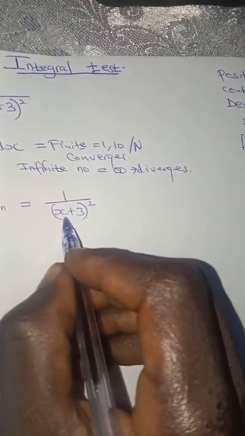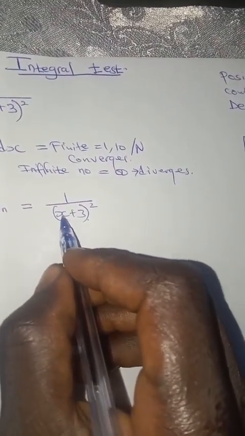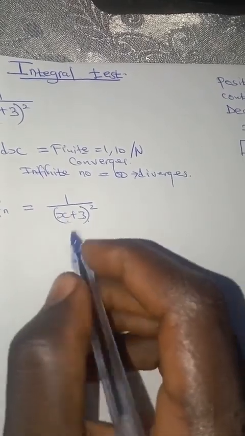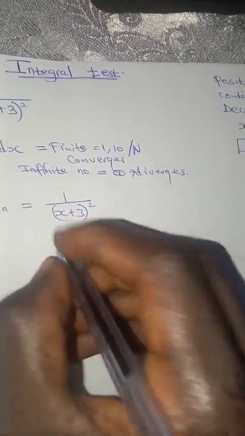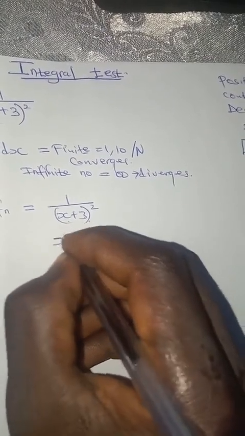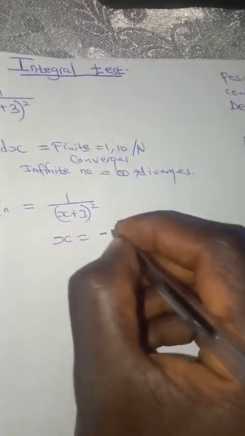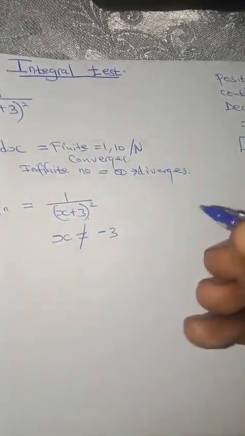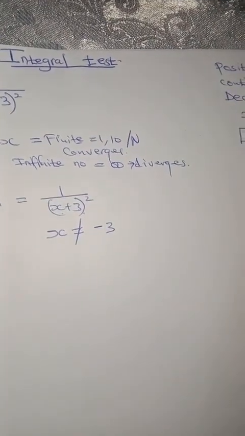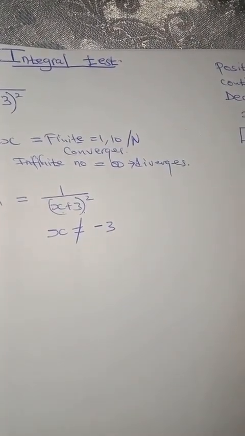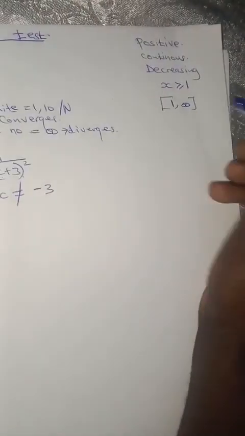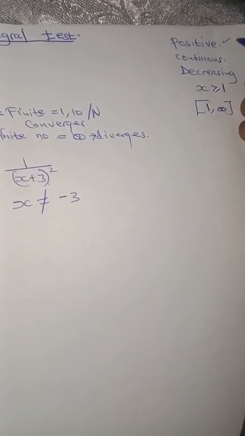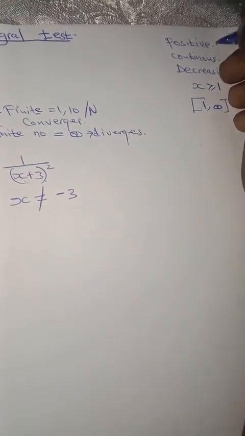Yes, because if we have 1 plus 3, which is 4, a positive number divided by a positive is positive. But at x equals -3, it is not positive. But remember, we are considering the interval 1 to infinity. So at 1 it is positive to infinity, so it is positive.